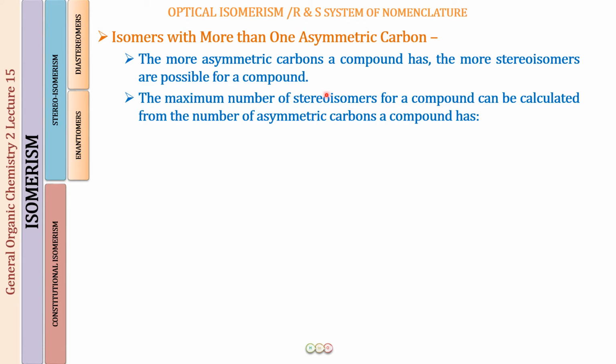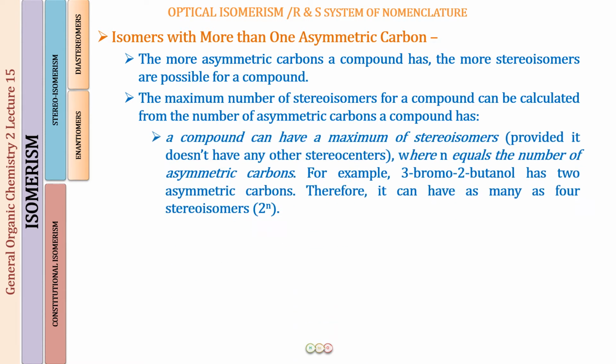The maximum number of stereoisomers for a compound can be calculated from the number of asymmetric carbons it has. And remember, this is the maximum number. The number can be less also, as you will understand as the lecture progresses.